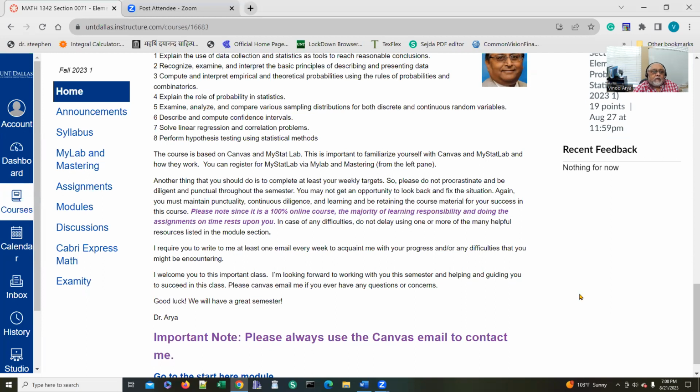And the first important point is right here in italics. It says since it is a 100% online course, the majority of learning responsibility and doing the assignment on time rests upon you. That means it's a kind of self-study type of course.